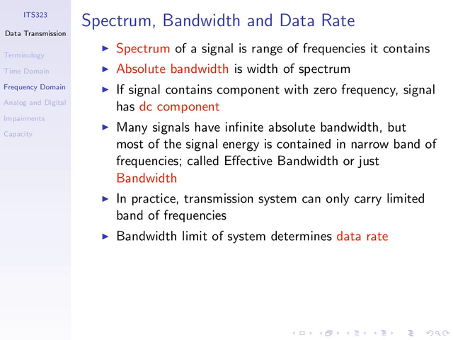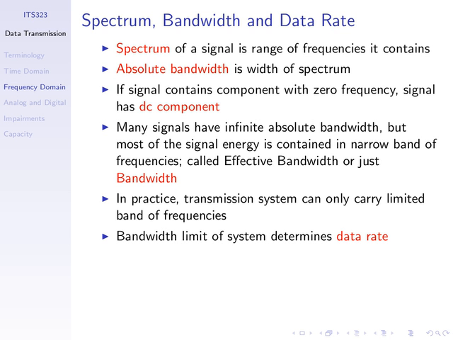Here's another signal. What is its spectrum? And what is its absolute bandwidth? See if you can work it out, and then we'll find a volunteer to tell us the answer.